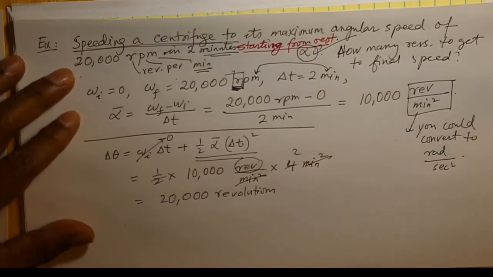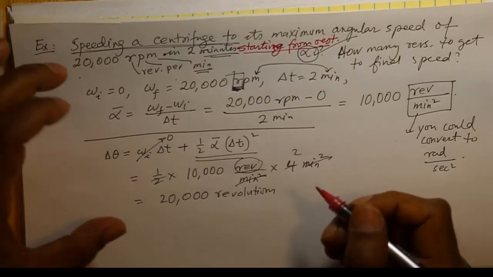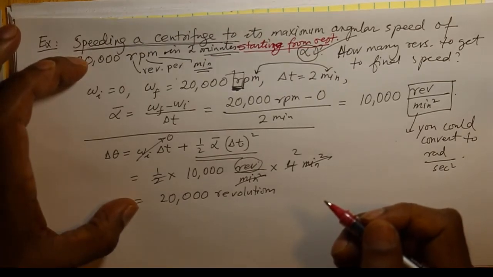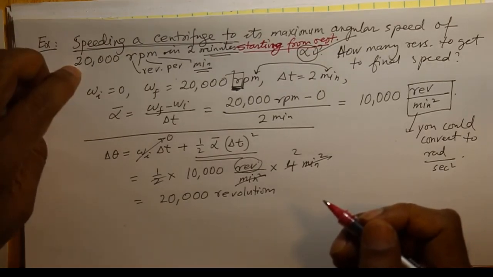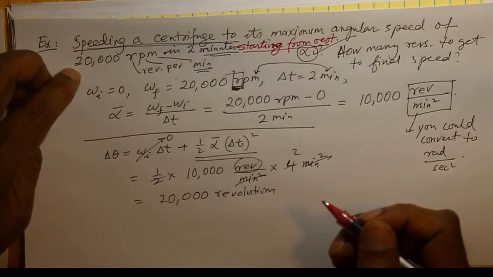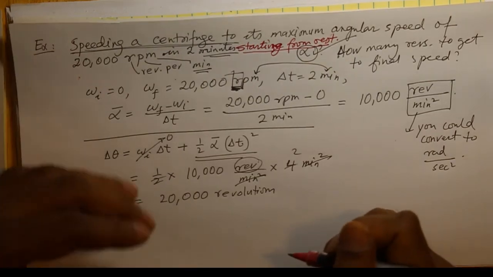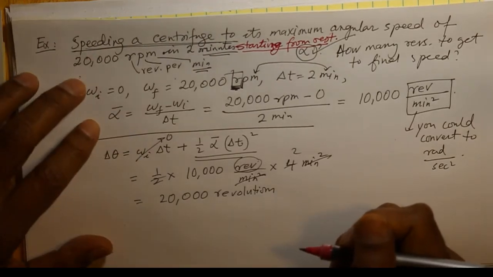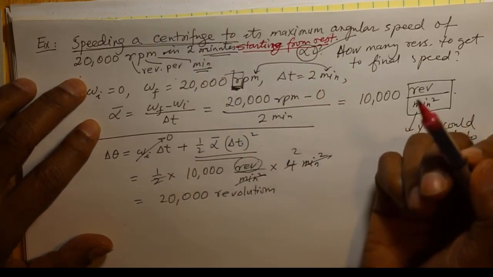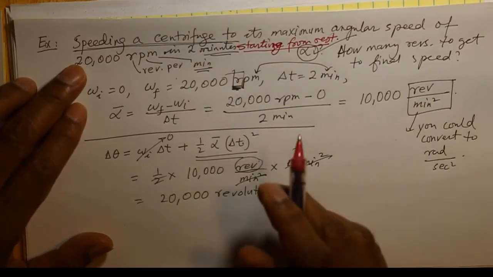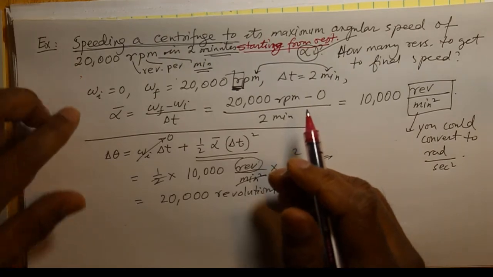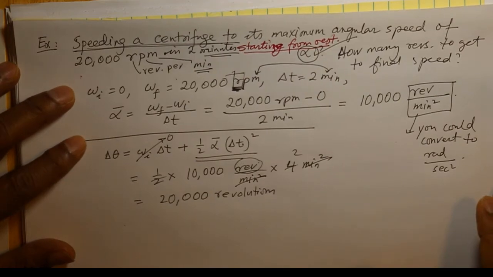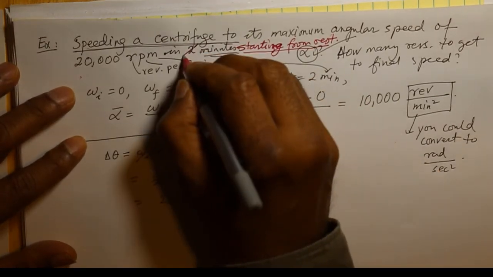Now, you can say, hey, will it always get this? That's a good question. Am I always going to get this? How about if I had started with 10,000 here? Will I get this? See if you can answer questions like that. What if it took me 5 minutes to get there? Will I still get that number of revolutions? So let's just cross things out here. In my calculation, say this was 5 minutes, what will happen?